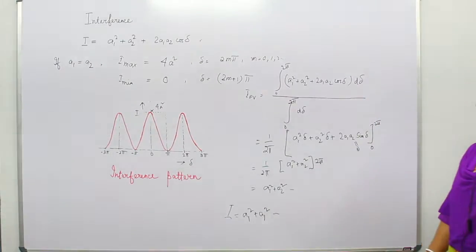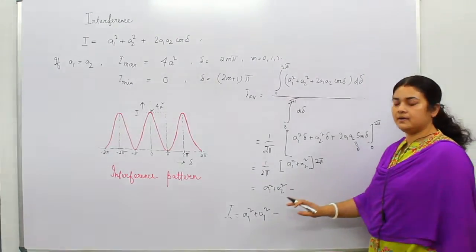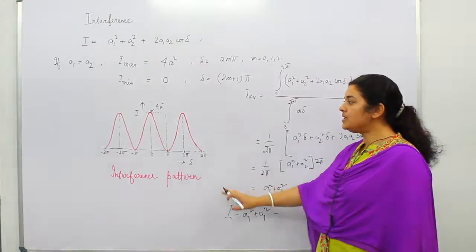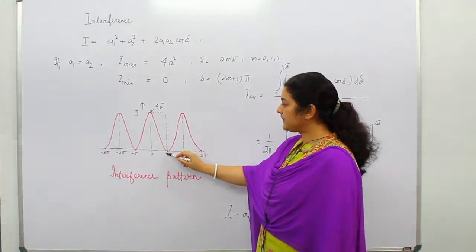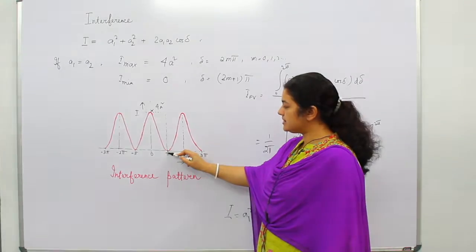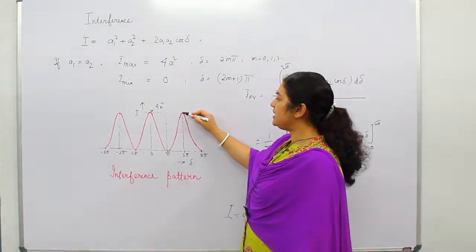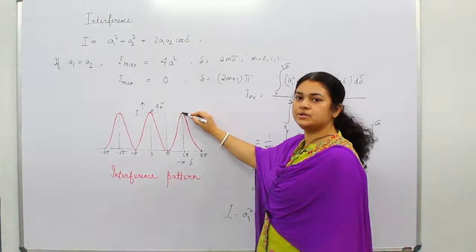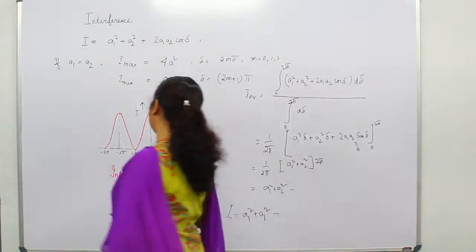So we can say that there is actually no loss of energy; energy is conserved. There is only a redistribution of energy, that is, energy from the dark points is shifted to the bright points. So there is actually a redistribution of energy.